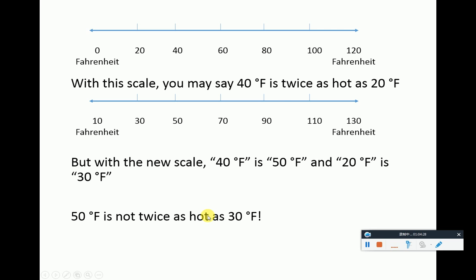Make sense? Okay. This example may take some time for you to digest, but I laid out every reasoning step here.